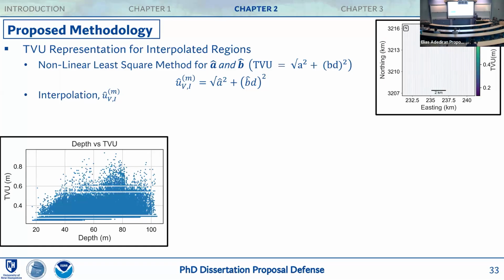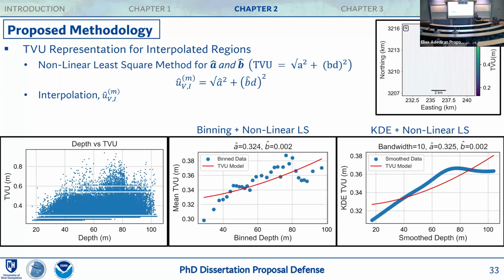If we plot that in terms of the depth and the TVU, this is what it looks like. The idea is we want to fit a non-linear least square method, the Levenberg-Marquardt algorithm. Don't worry about the name, it's just a way of fitting a non-linear least square to your data. But as you can see, maybe the data is a bit noisy.